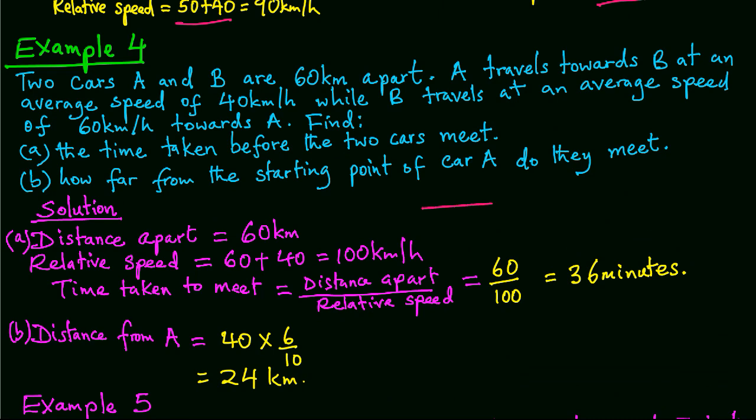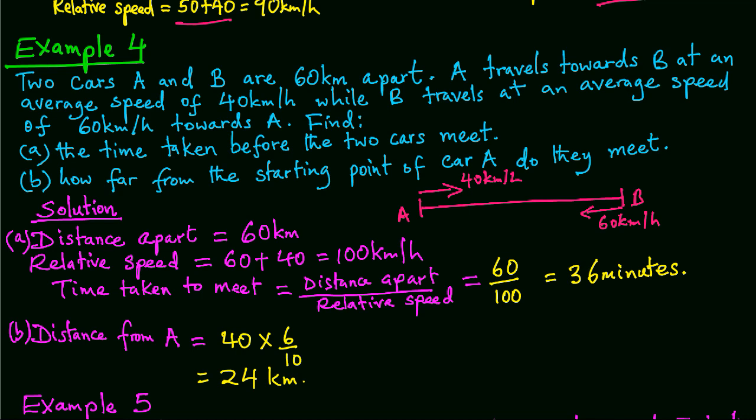So A travels towards B at an average speed of 40 kilometers per hour, while B travels towards A at an average speed of 60 kilometers per hour. You want to find the time taken before the two cars meet, and how far from the starting point of car A do they meet.